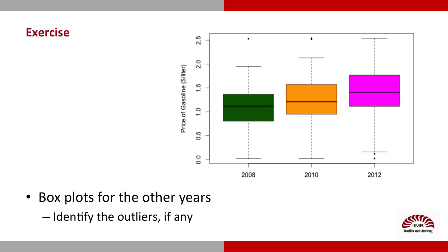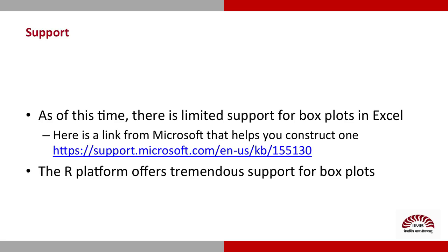We have an exercise for you built around just this idea. Also, as an exercise, I will ask you to go ahead and identify outliers for the other years in our data set. You mean for 2008 and 2010? Yes, and I have used R to come up with a single plot for all of these 3 years. The outliers are in the upward direction.